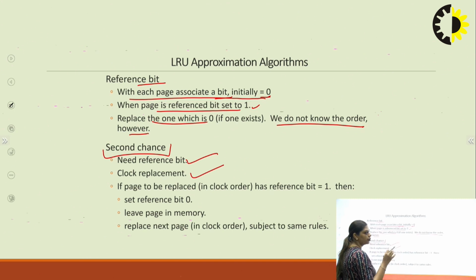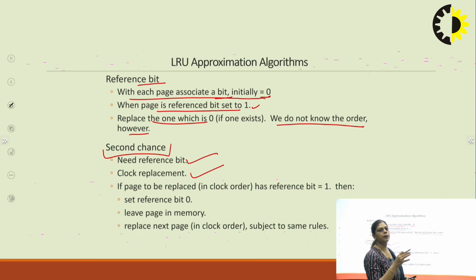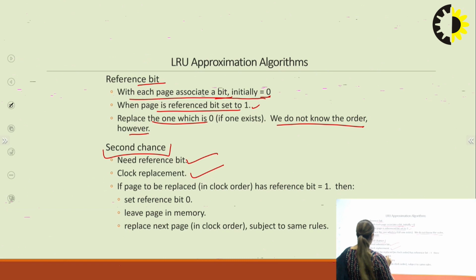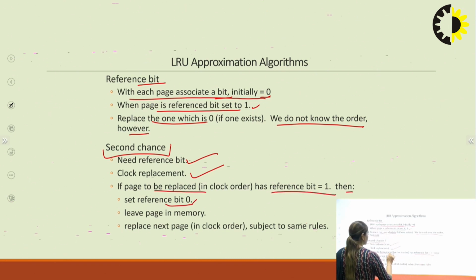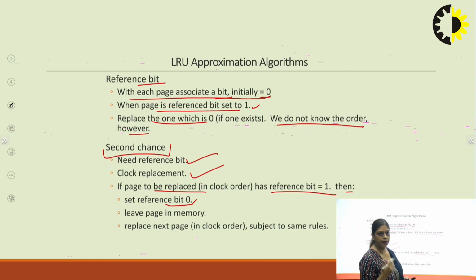Now we are not to take care about the clock which is telling us how long this process is being used. If the page to be replaced has reference bit 1, then we will set the bit to 0. That means we are giving that particular page a second chance. Why are we doing this?